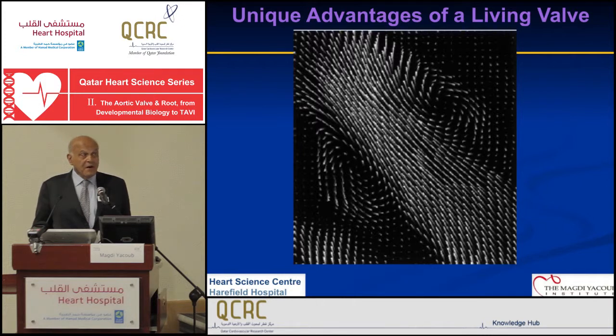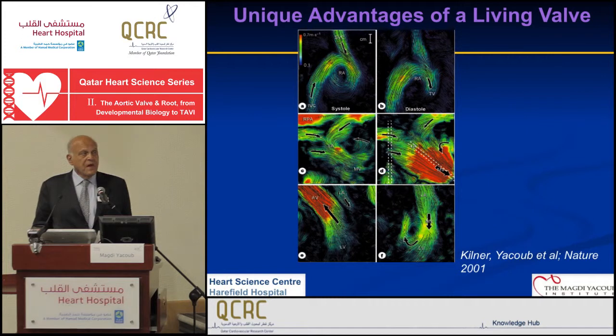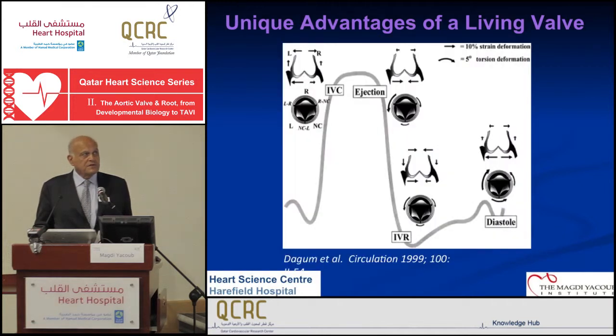But this is an MRI picture showing the sophisticated function of the flow, and also the flow, if you measure it and look at it by MRI, as Kilner did at the Brompton, you see that it's not only the outflow, but also the inflow, which is beautifully coordinated to produce this type of smooth flow.